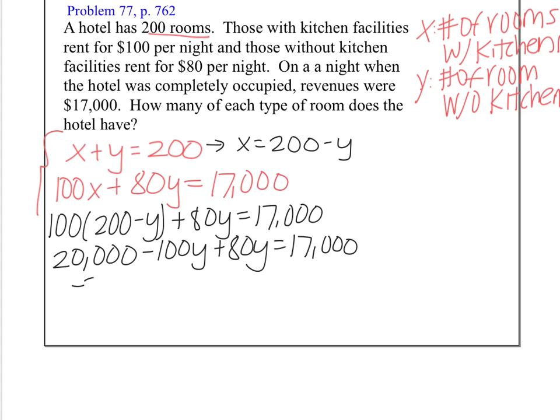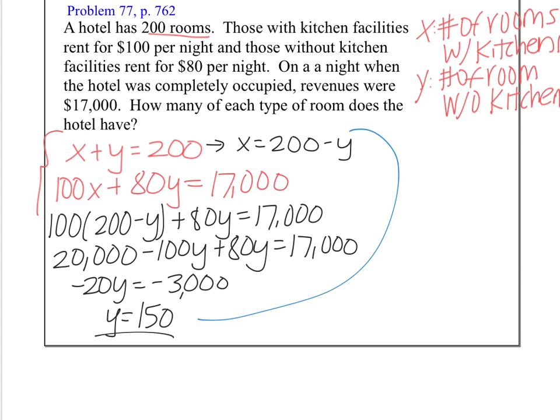Now when I combine like terms, I have negative 20y equals negative 3,000. So y has to equal 150. So now that I know what y equals, it's real easy to go back and figure out what x equals. I just go back up here. So x is equal to 200 minus 150. x is equal to 50.